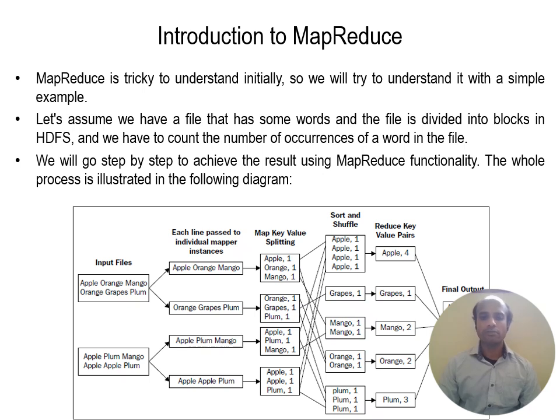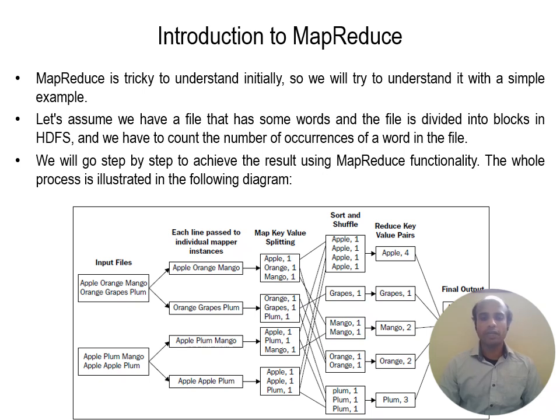You can see input files which have different fruit names: apple, orange, mango, orange, grapes, plum, apple, plum, mango, apple, apple, plum. Each line is passed to individual mapper instances. You can see apple, orange, and mango in one, orange, grapes, and plum in another, and apple, plum, mango in another, and apple, apple, plum.